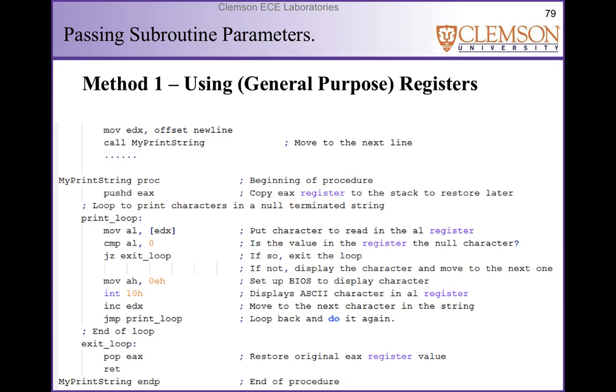But method one is a very unique approach to get parameters. You're just essentially skipping the stack step that we learned in Lab 5, and directly storing parameters into registers, in this case A or D register, to utilize those parameters.